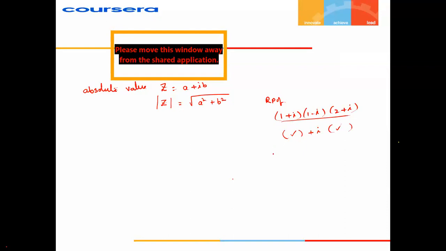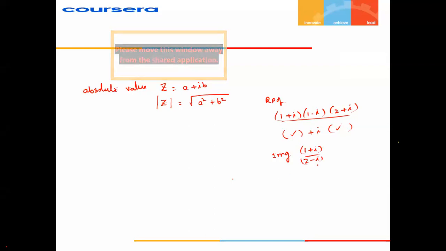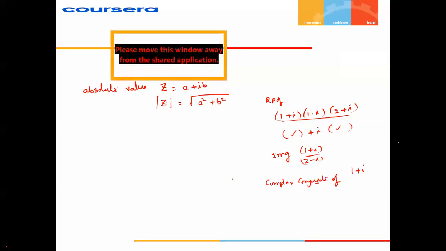Similarly, what is the imaginary part of something like this? Or sometimes it can be, what is the complex conjugate of this?